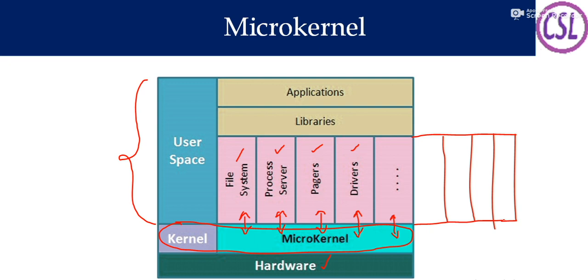And coming to the negative part, it occupies more memory than the previous structures. When you compare, MS-DOS occupies very little space, in MBs only. The Unix operating system is also in MBs. And later layer structure operating systems, earlier Windows and all, occupy up to 1 GB only.